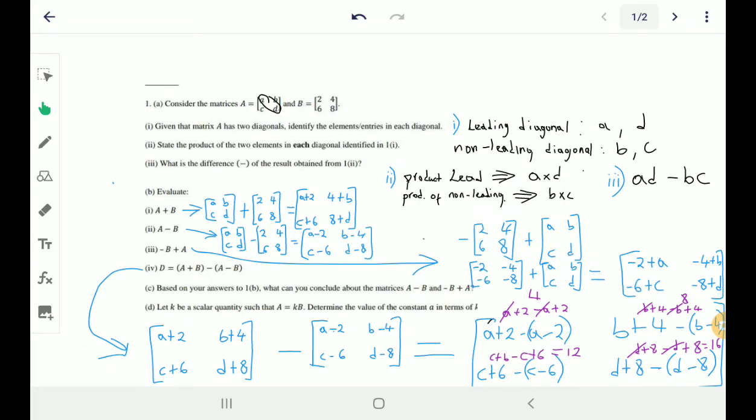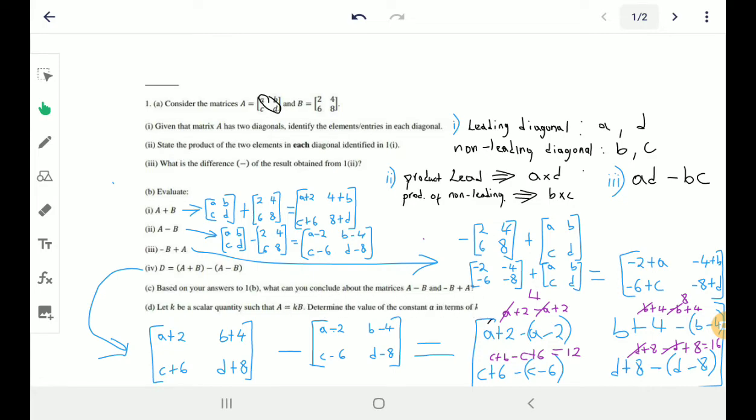They are the same. A minus 2 is the same thing as negative 2 plus A. The 2 is negative here, and the A is positive. 2 is negative here, A is positive. Likewise, the C here is positive, the 6 is negative. 6 is negative, C is positive. All elements of both are the same. So they are equal. So that's what we could conclude.